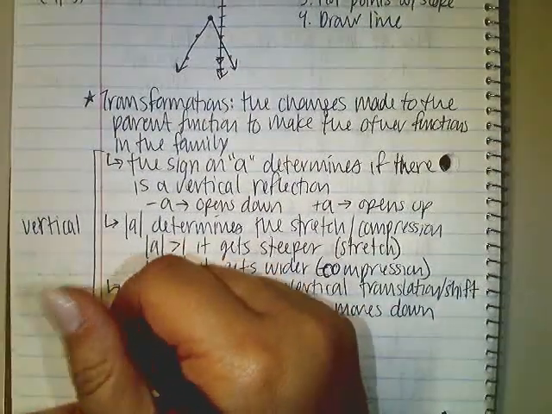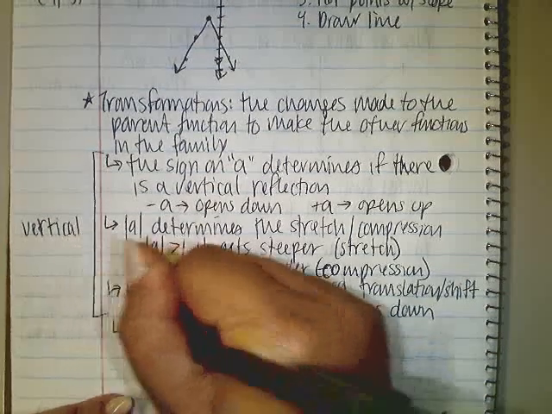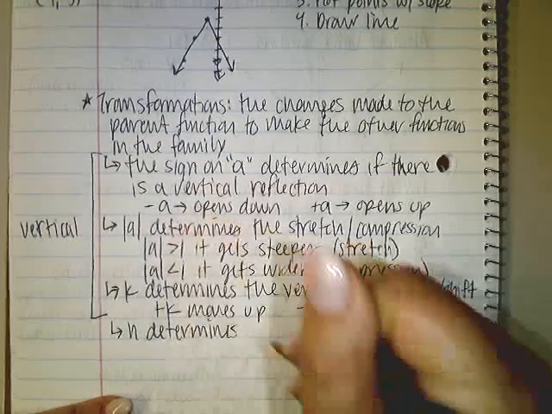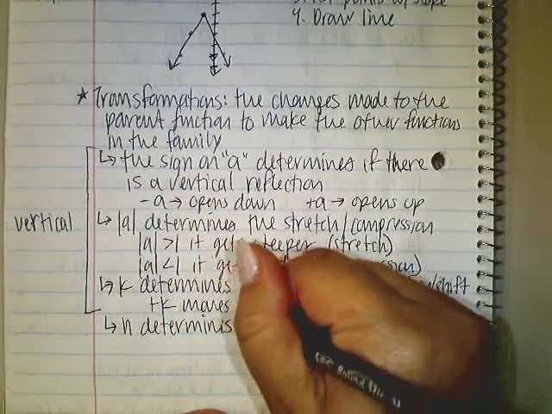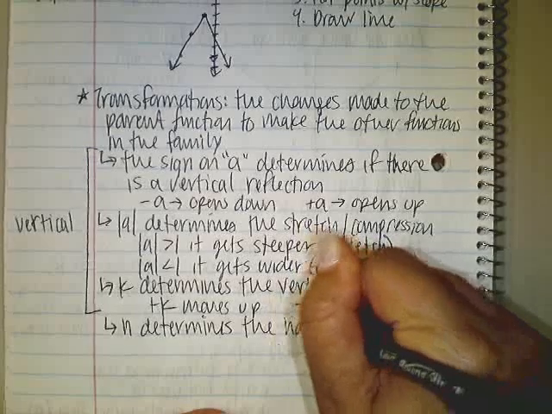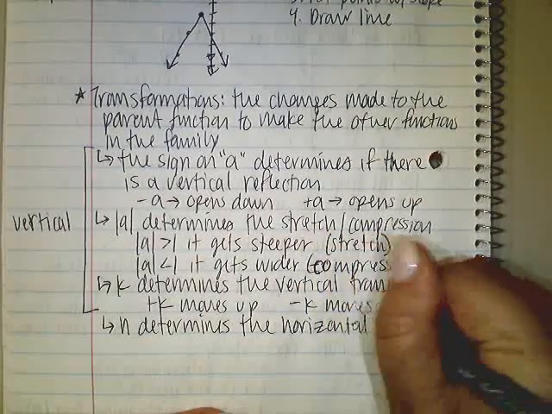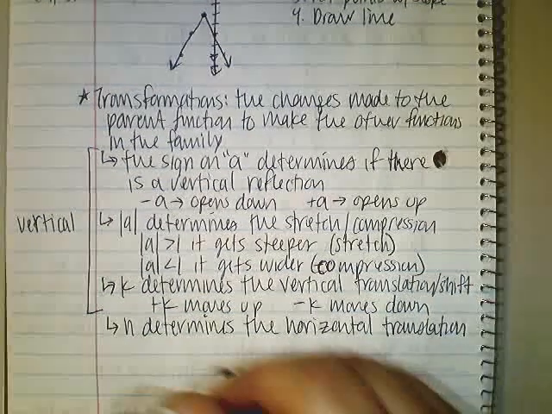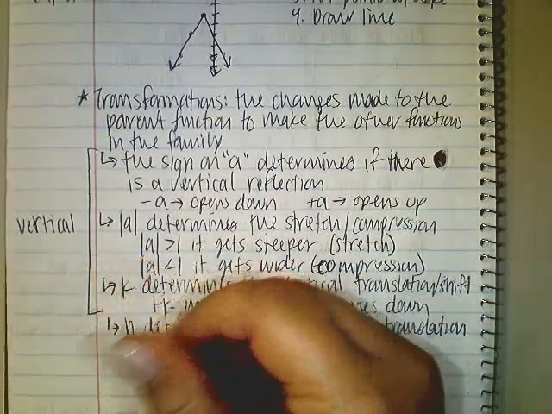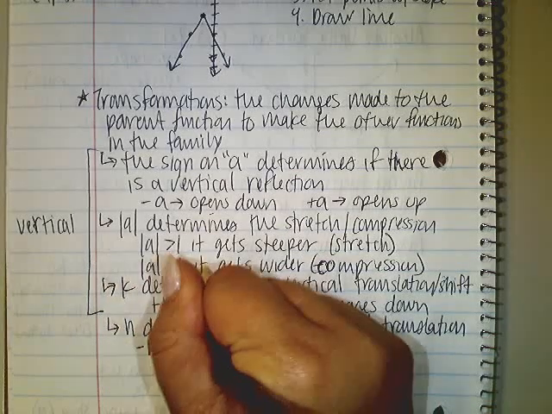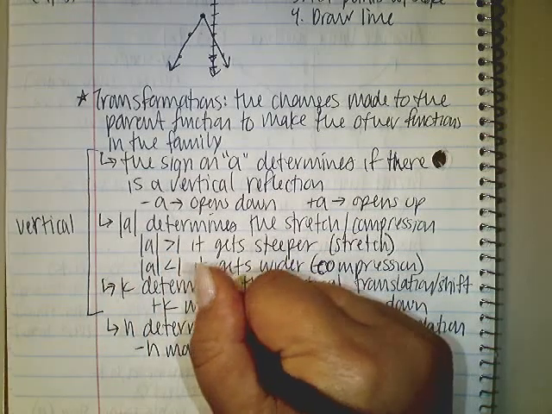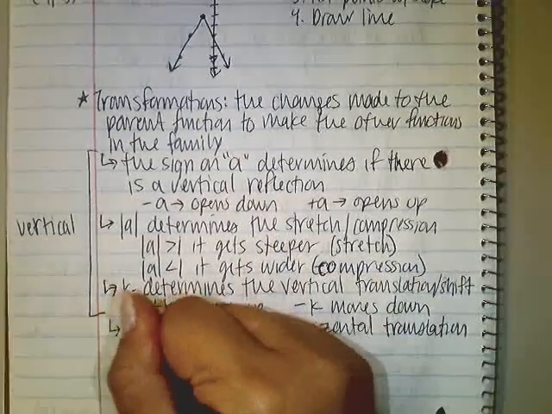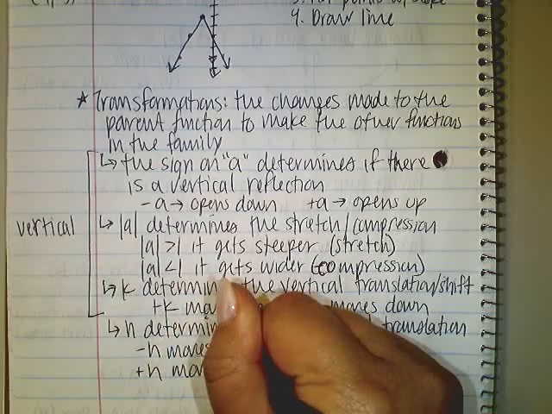We also have horizontal transformations, but this year we're only going to focus on H. So H determines the horizontal translation. So a negative H actually moves it to the right. A positive H moves it left.